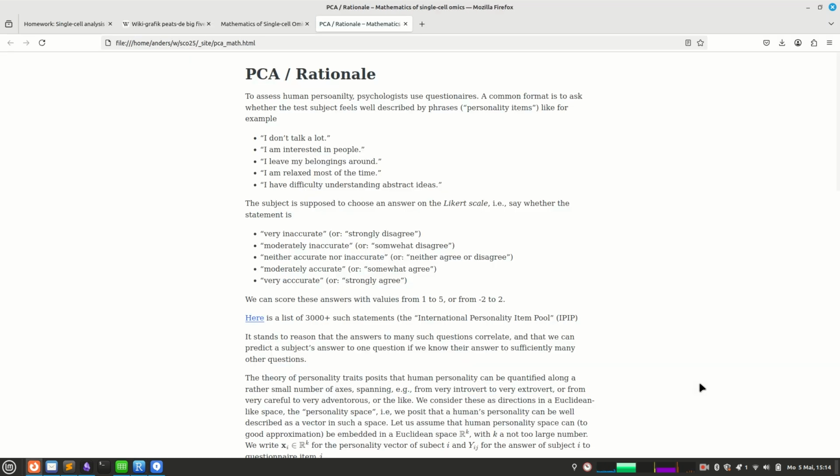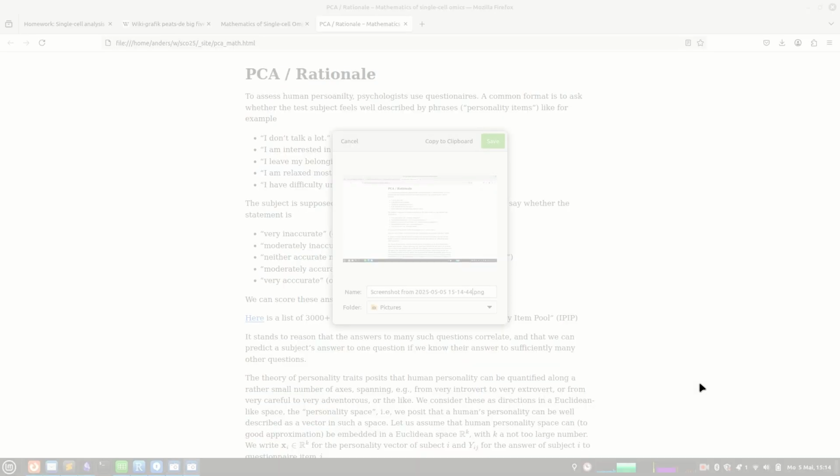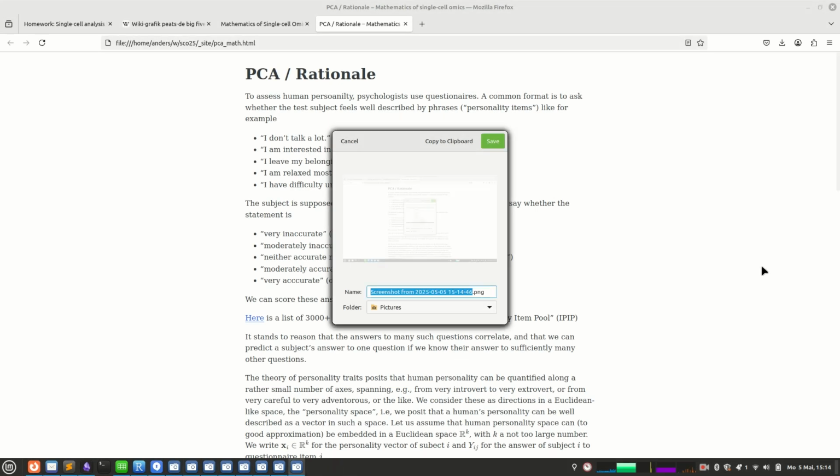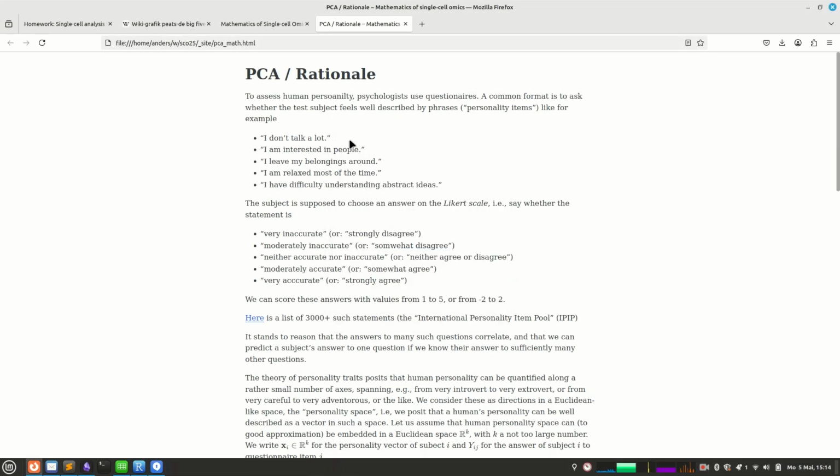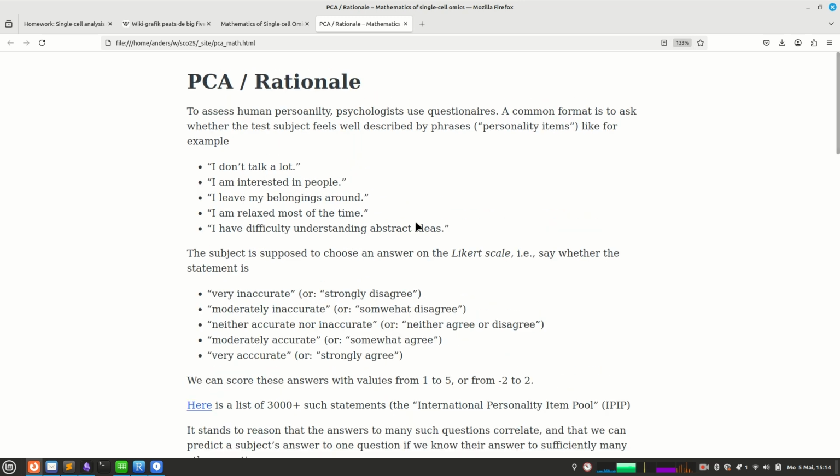So, okay, the starting point of this whole thing is that psychologists in the 50s and 60s, already starting in the 30s, got into this idea of trying to mathematically quantify personality, and their idea was that they made lots of questionnaires where we had a couple of questions or statements like the one I've written here. I don't talk a lot.